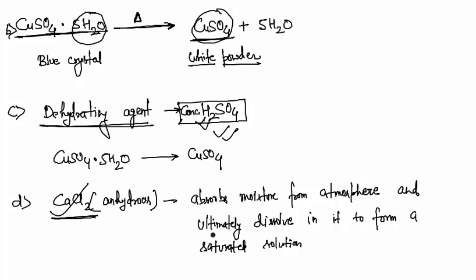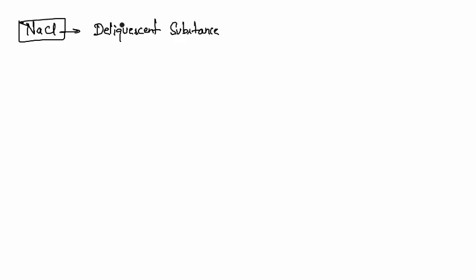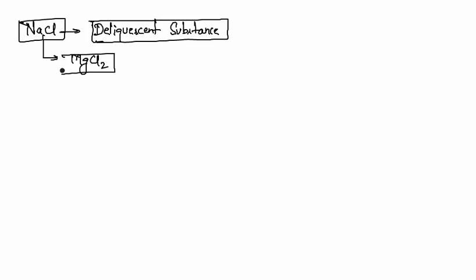One more very important thing: your NaCl is also there, but remember, NaCl is not a deliquescent substance. But usually you have observed in the rainy season that our table salt absorbs water. Why is it absorbing water? Because of some impurity present in NaCl, like MgCl2, that is magnesium chloride.